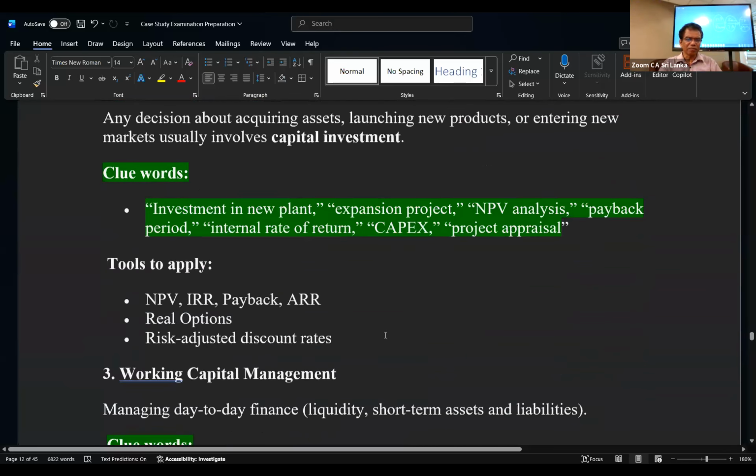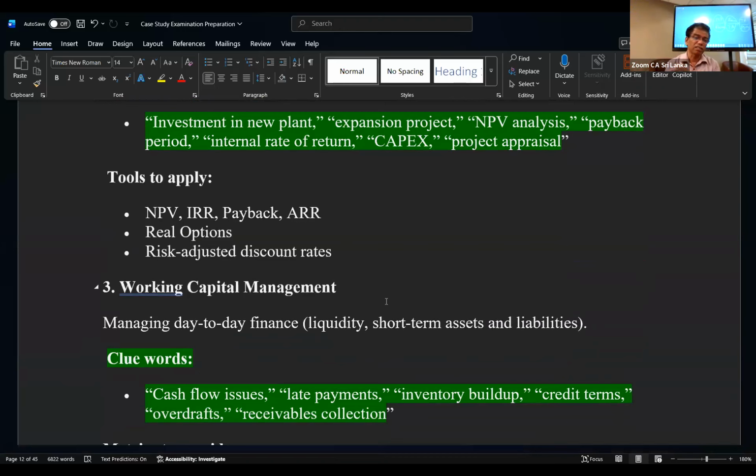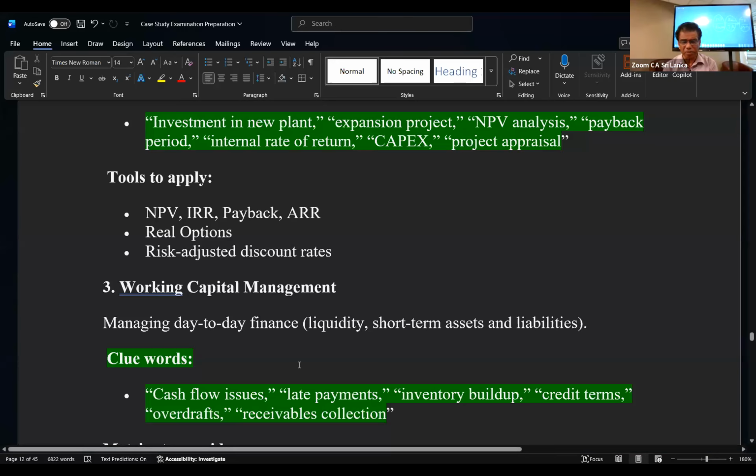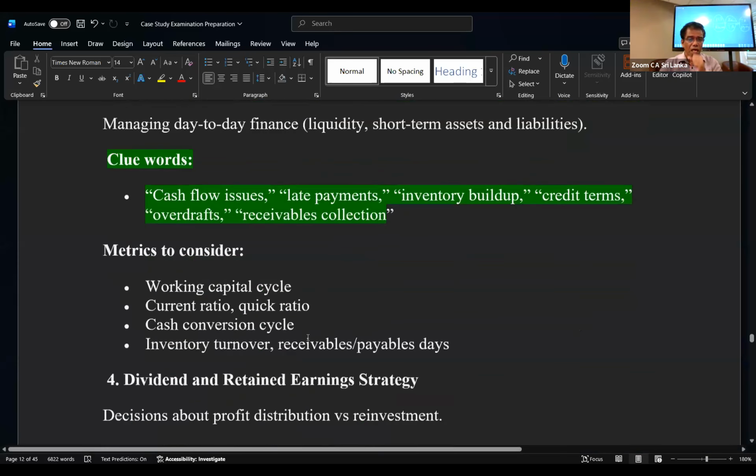Risk adjusted discount rates: if it is a project in a foreign country, how do you adjust the WACC to take the country risk into account too? So you must be familiar with that kind of information. Maybe next, the lecturer will explain those financial management areas.